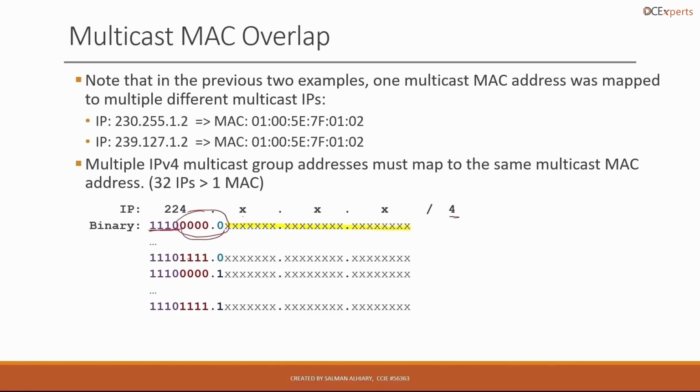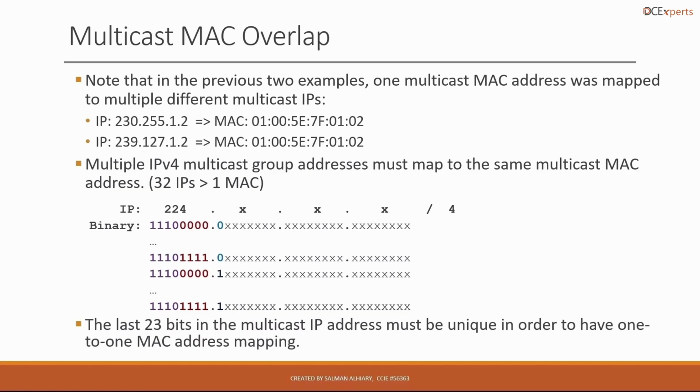You can see from 0000 to 1111 is 16 combinations with 0. Then another 16 combinations with 1 here. 16 plus 16 will be 32 IPs, right? So the last 23 bits in the multicast IP address must be unique in order to have one-to-one MAC address mapping.